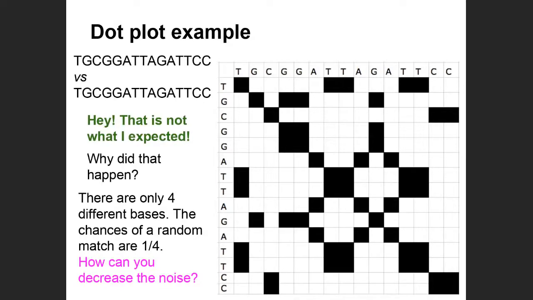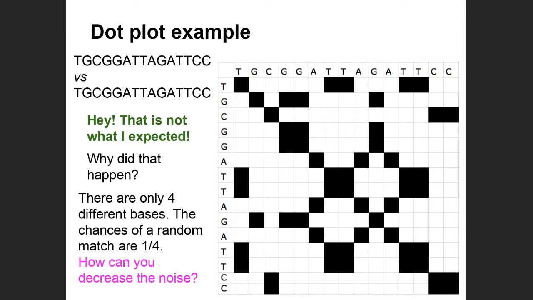And the reason why they matched so often is because there are only four things they can be, right? In each position, it's either A, T, C, or G. So there will be lots of these spurious matches, or we could say that there's noise. So the noise is the signal that comes on top of the signal that matters, right?